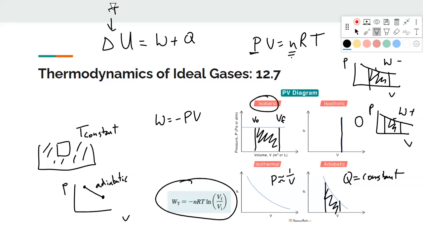So when we say that there's negative work, you can see that's the case where we're going from a small volume to a large volume. So that's telling you that the gas is losing energy to work, negative. And in the opposite case, we're going from a big volume to a small volume, we're compressing it. That's telling you that the gas is gaining energy from work, and that would be the positive case.